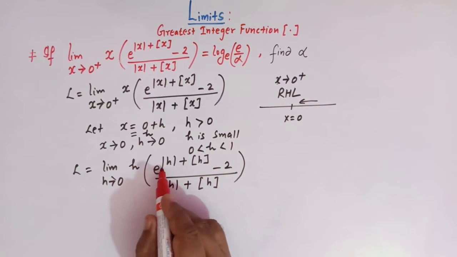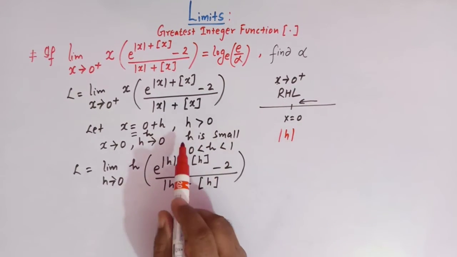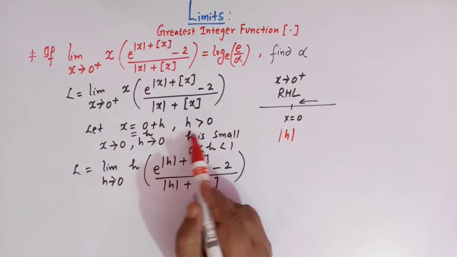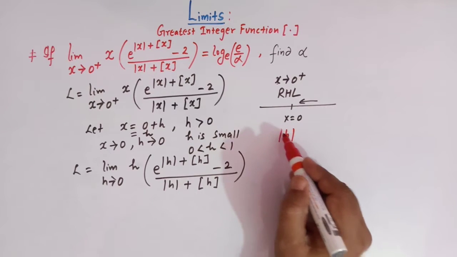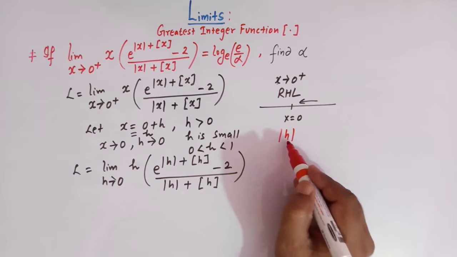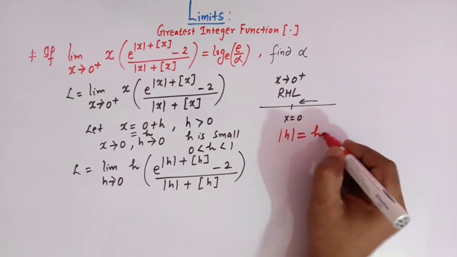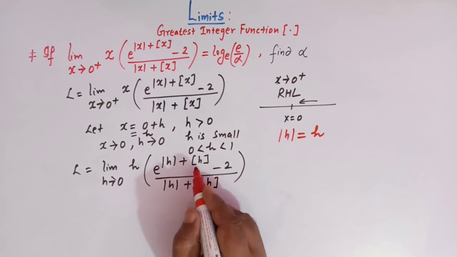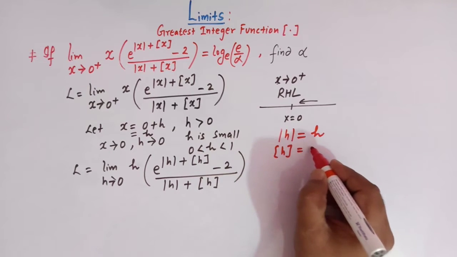Since h is a positive quantity, inside this absolute value sign we have h, so we can write mod of h is equal to simply h. And for greatest integer of h we can write 0.